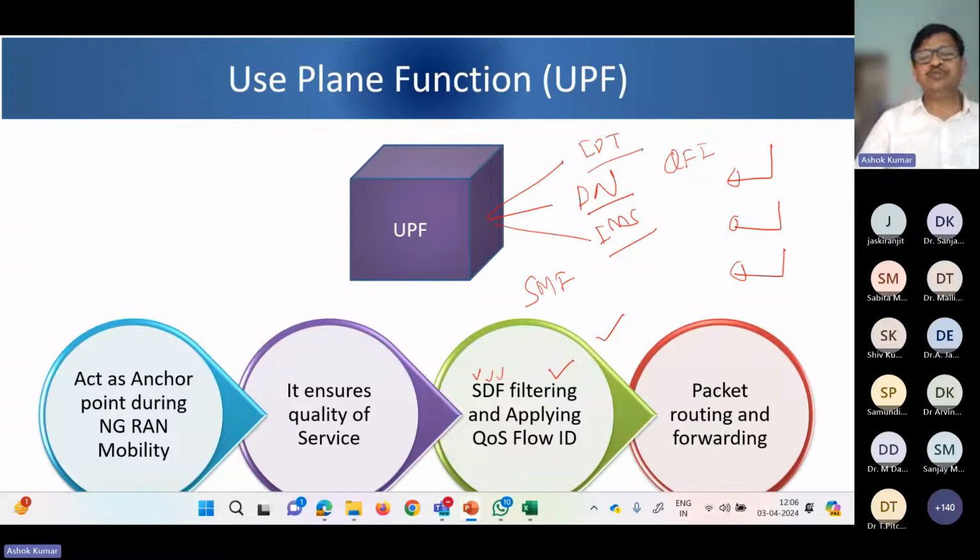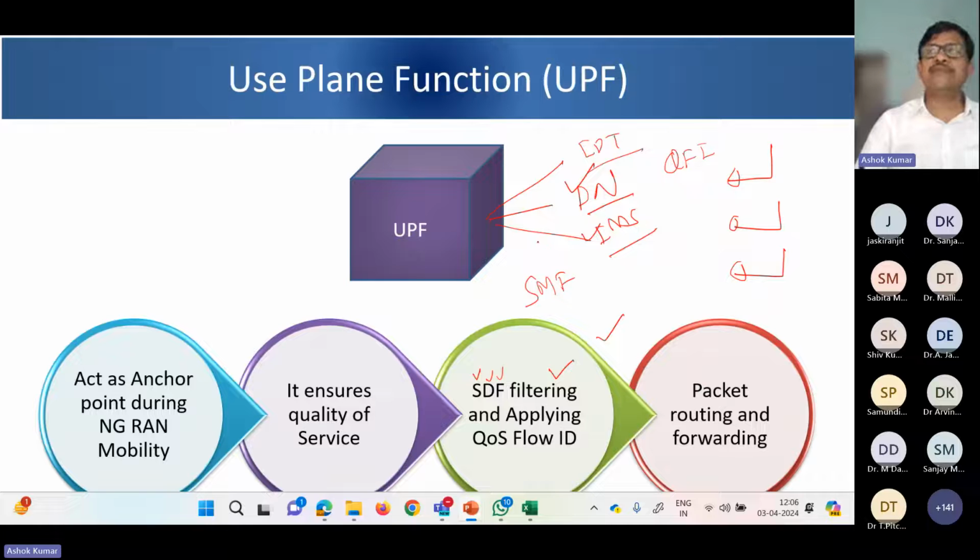And of course, packet routing and forwarding is one of the major functions of UPF because all the user data has to flow through UPF. So it also acts as a connectivity towards the outer network, because it is connecting to DN, IMS, all kinds of data networks.